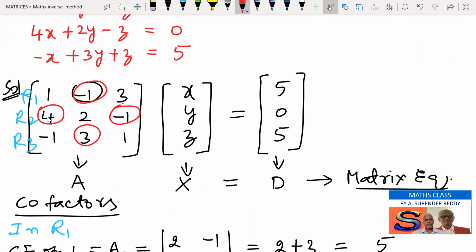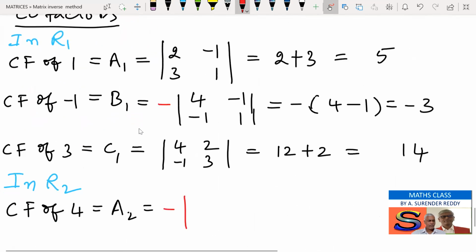So leaving the second row and first column, we get minus 1, 3, 3, 1.